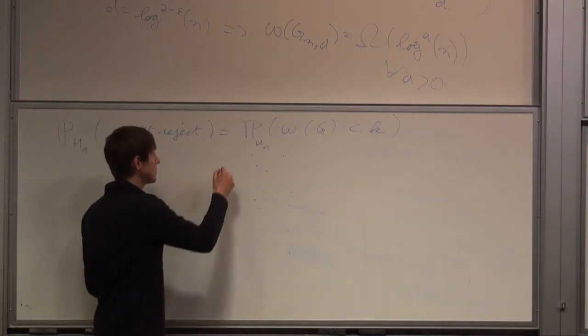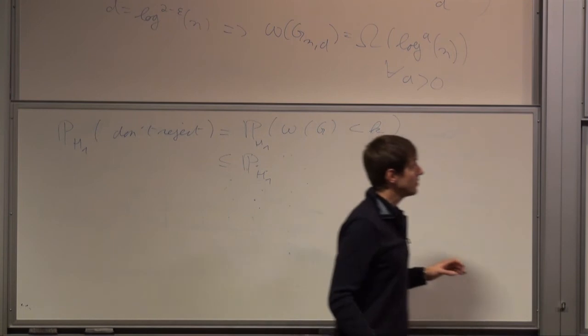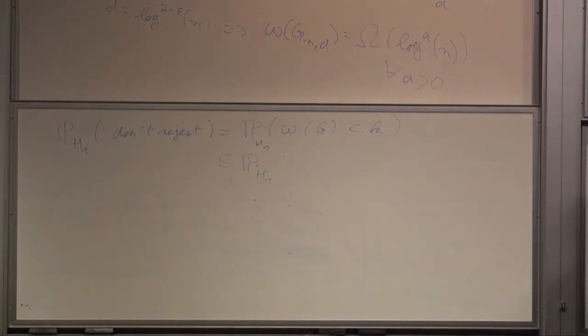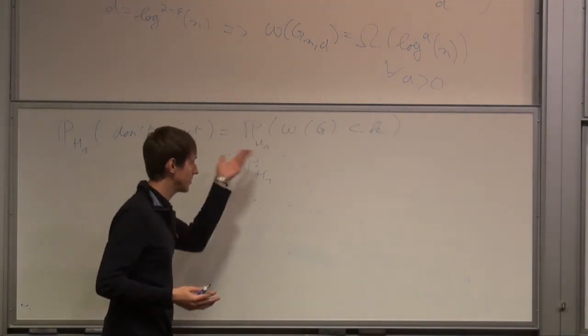So that's certainly smaller than the probability that if I look exactly at the k contaminated guys, these guys do not form a clique. If those guys form a clique, then they are connected and I have a clique of size k.